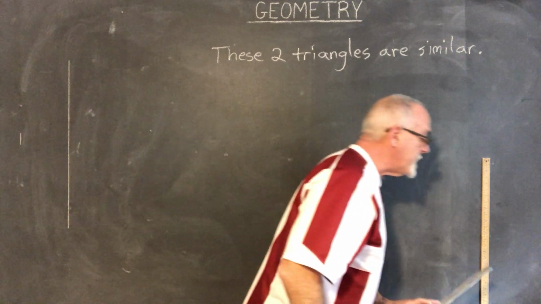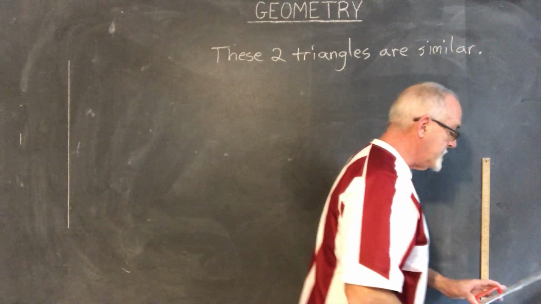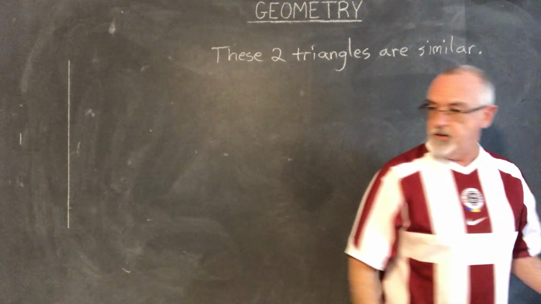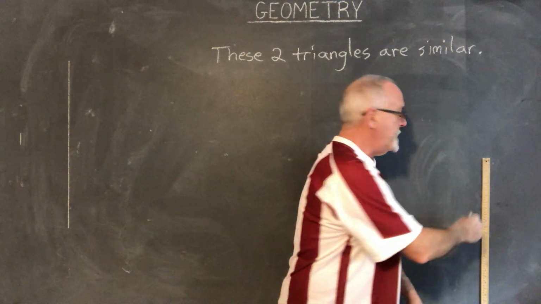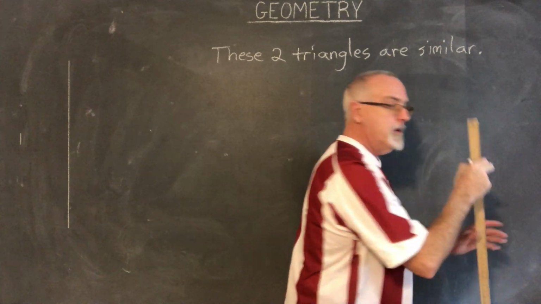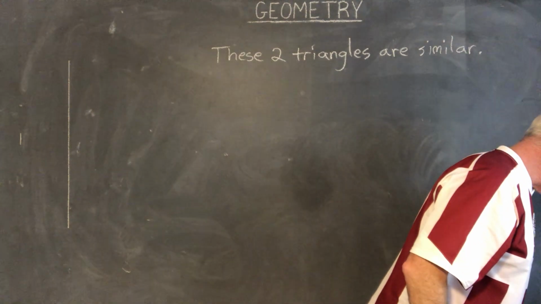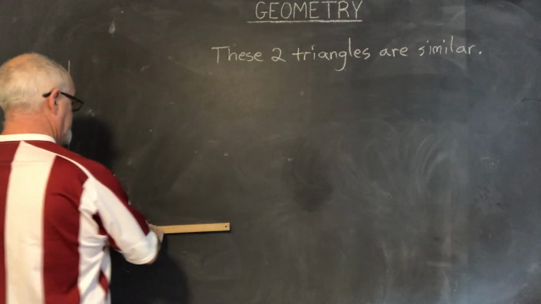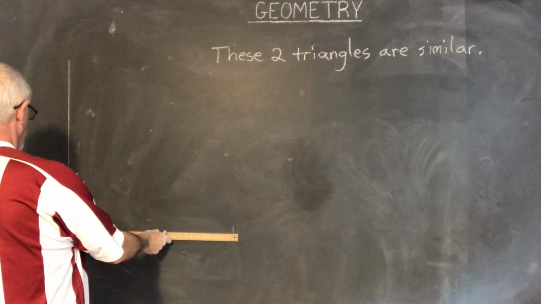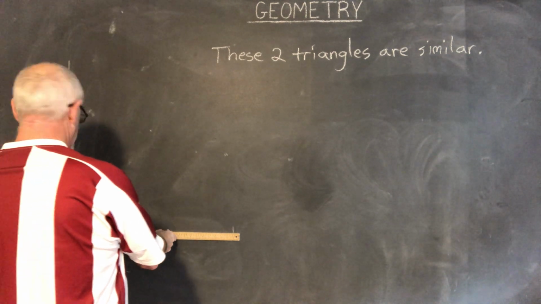And it's going to be a right triangle again. Where's my meter stick? Oh, it's right here. Okay, I'm going to use this because I need a nice long side for the base of this triangle. That looks good.